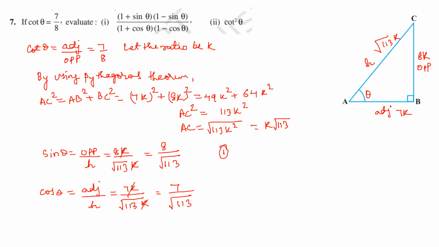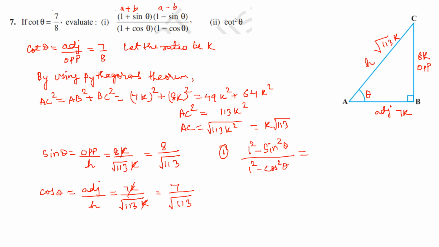Now first part, if you see, it is 1 plus sine theta into 1 minus sine theta. So this is like an identity, A plus B, A minus B. So you can write A square minus B square. So A square means 1 square minus sine square theta by 1 square minus cos square theta, right?